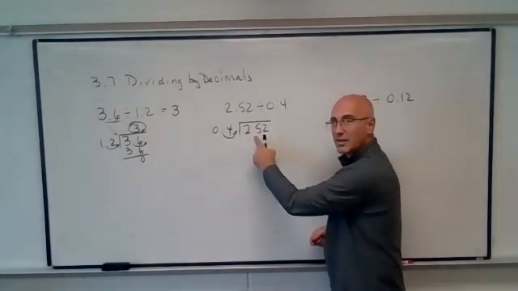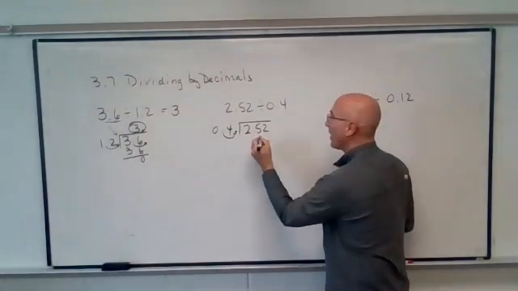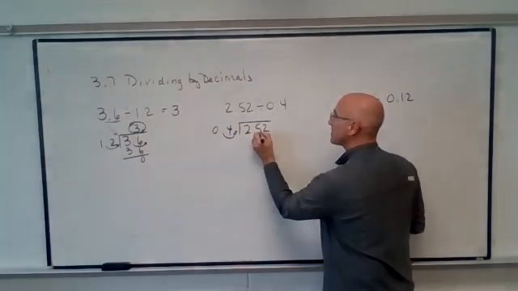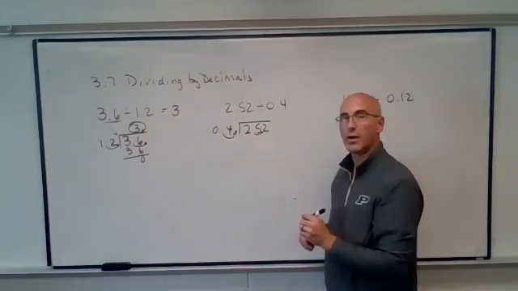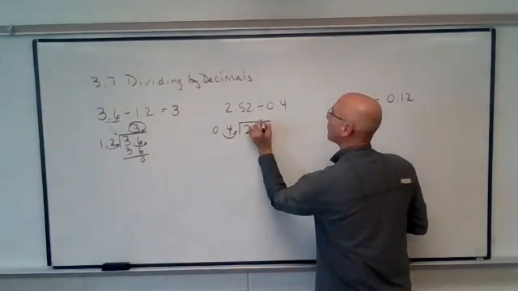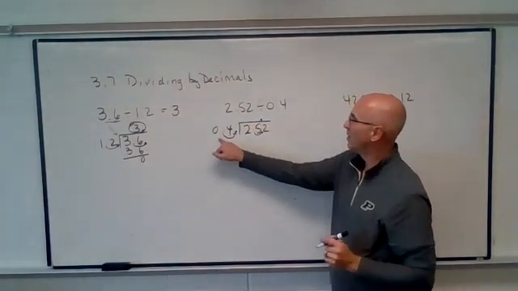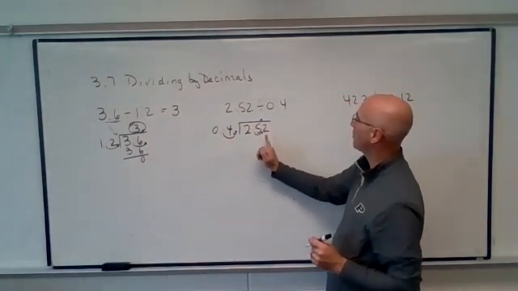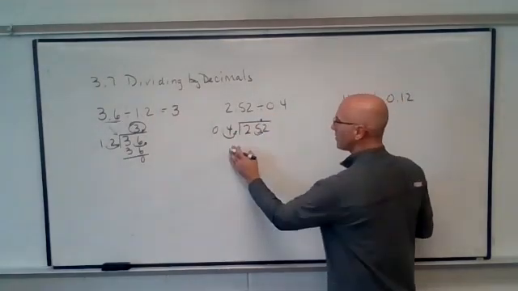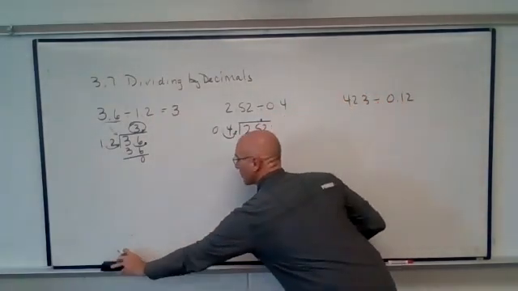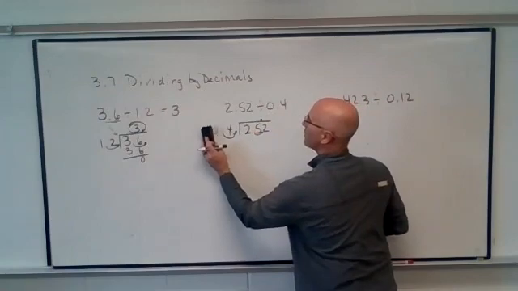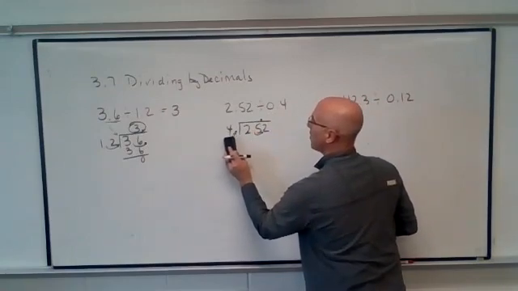What we are going to do to the inside, or the divisor, is move it the same amount. So we move it one place over, and then we bring it straight up. Move it over, move it over, move it up. So now, essentially, we just erase this, and we have 4.